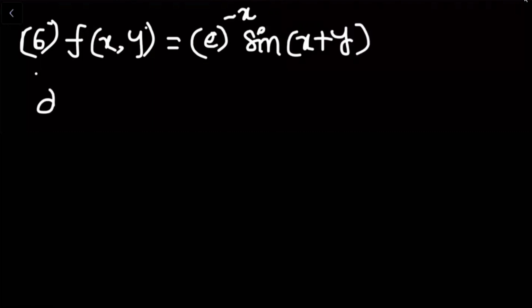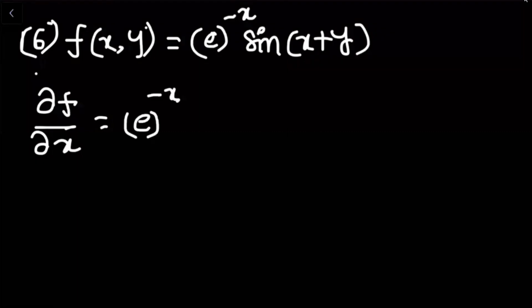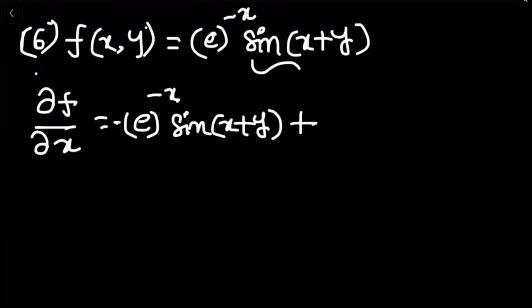Now differentiating with respect to x, we get the derivative of e^(−x), which is −e^(−x), of course, times sin(x + y), plus differentiating sin(x + y), cos(x + y) times differentiating x + y.